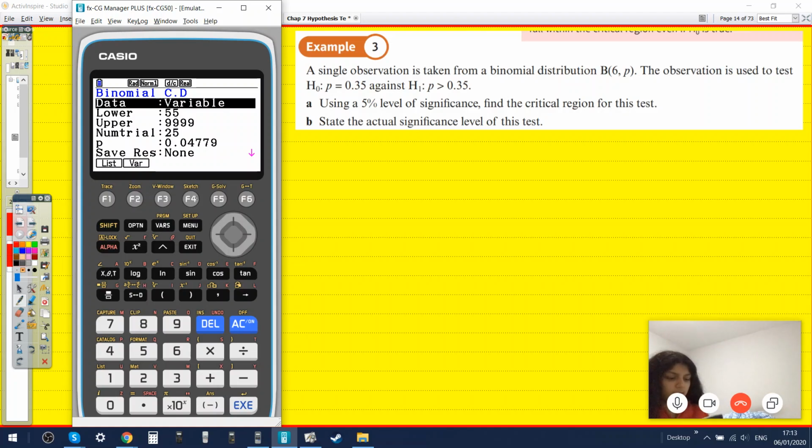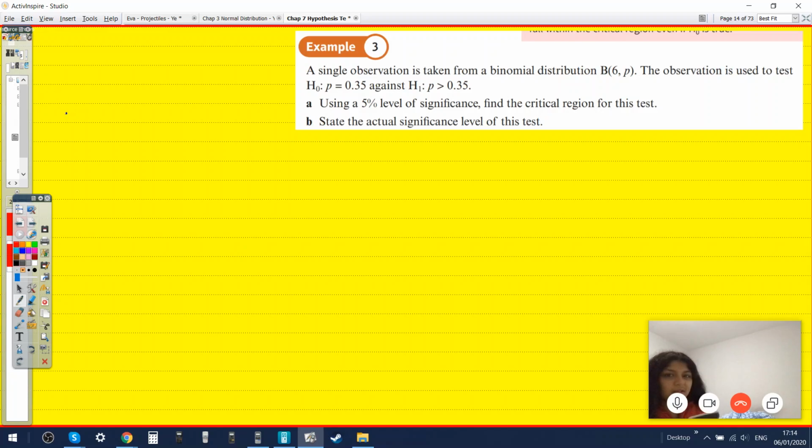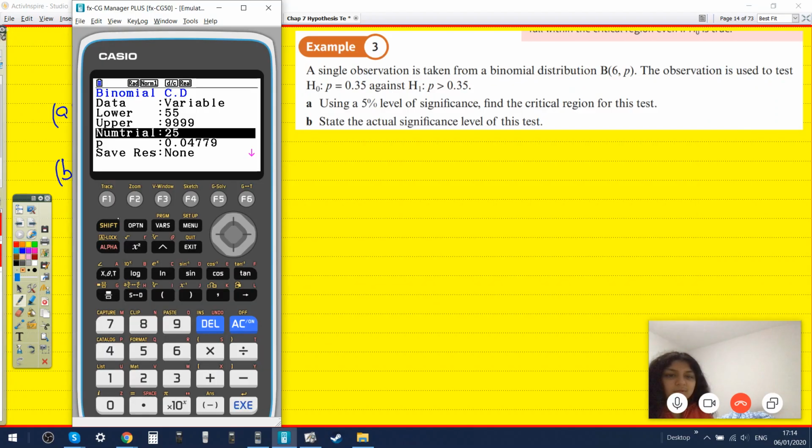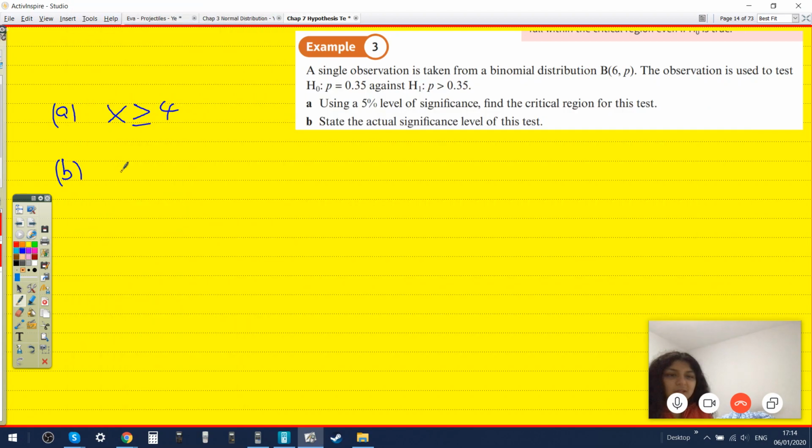Okay. Now, so the critical region is greater than 4, I think. So X is greater than or equal to 4. Okay, and B? What's the actual significance level?